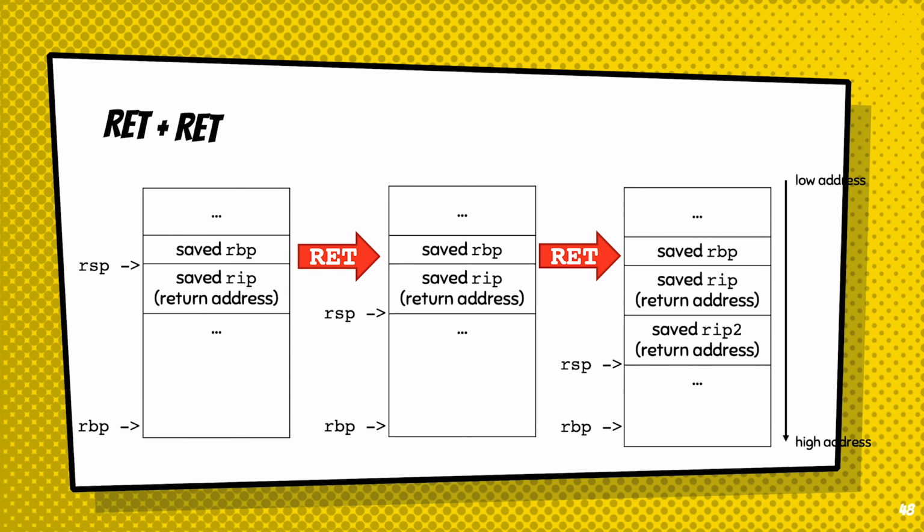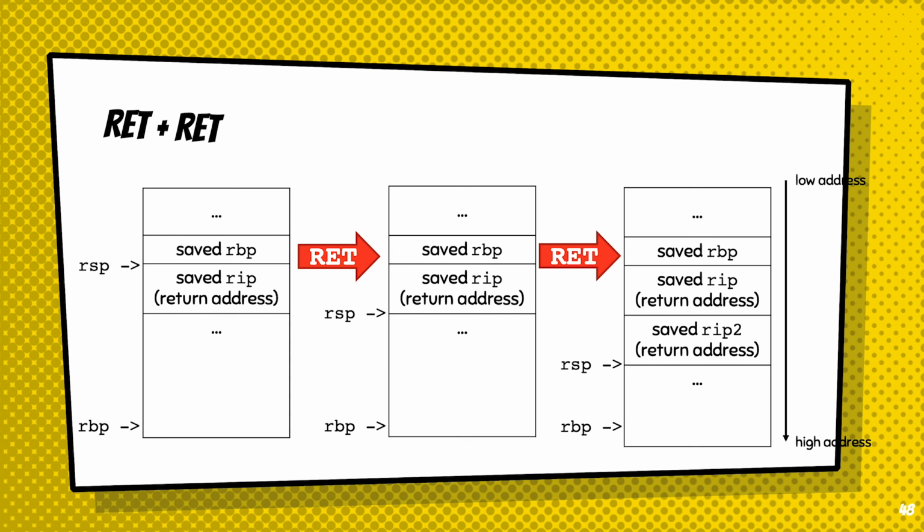If we put 2 returns together, then the layout of the stack will be saved RBP followed by 2 saved RIP addresses. So after the first return is called, the first saved RIP will be popped up to RIP, and then RSP, which is the bottom of the stack, will point to the location that is next to the current saved RIP.